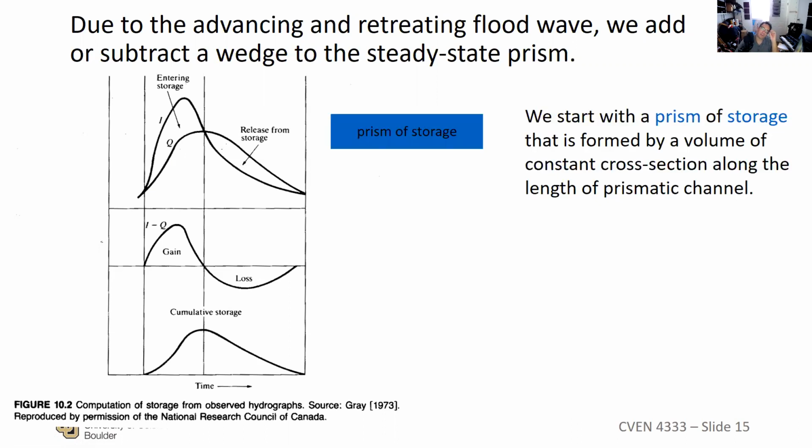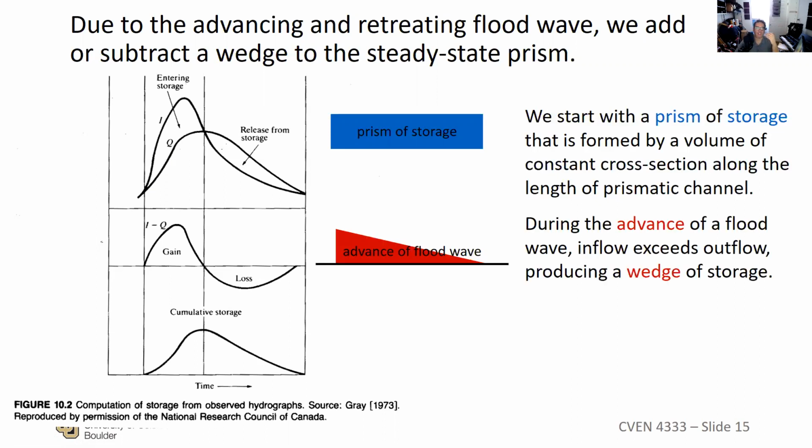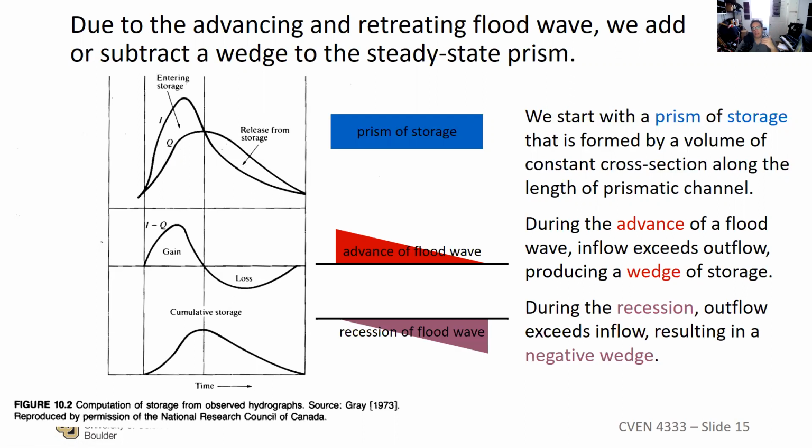Okay, so the wedge prism model in Muskingum says that you start with this prism of storage, and then you've got a positive wedge basically coming in because inflow is greater than outflow, and then a negative wedge when the opposite happens, when outflow exceeds inflow. Now you may be starting to see that the mathematics of this are pretty easy, because if inflow minus outflow is positive, then the wedge is positive.